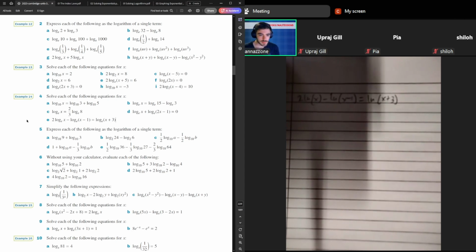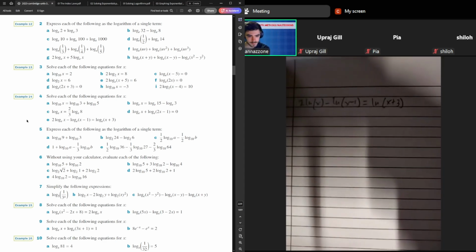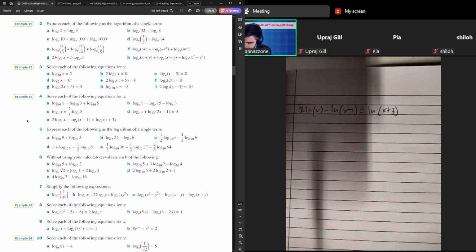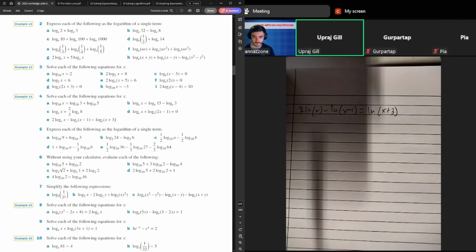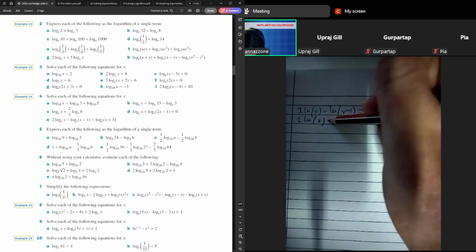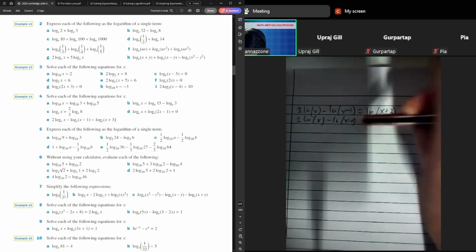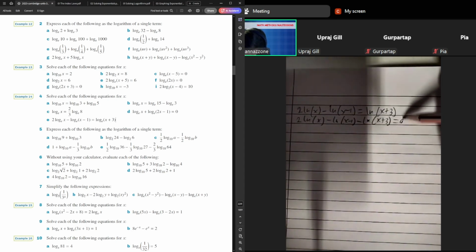Got a bit of a trick to this one as well. Would you bring the natural log x plus 3 over to the other side? Yeah, that's one thing we could do. 2 natural log x minus natural log x minus 1 minus natural log x plus 3 equals 0.